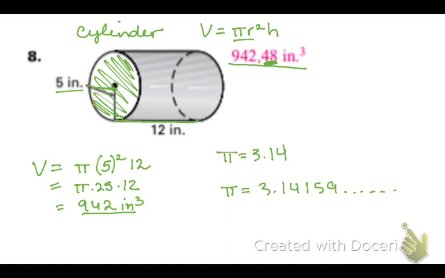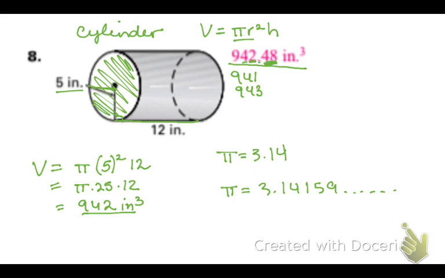Every once in a while, you might be off by 1 in this digit here, so that could be 941 or 943, and that would be okay too. So don't panic. If you've got something that's pretty darn close, then you're good. If you have something wrong, it's going to be really wrong, and you're going to be able to figure that out right away.